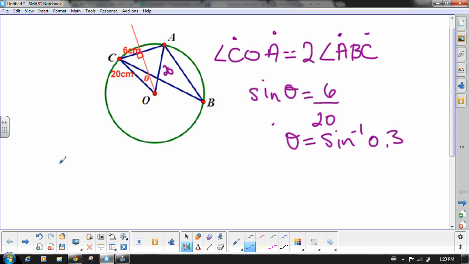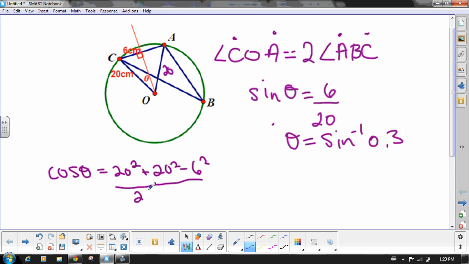So in this case, we know that the cosine of angle O is going to equal 20 squared plus 20 squared minus 6 squared all over 2 times 20 times 20.